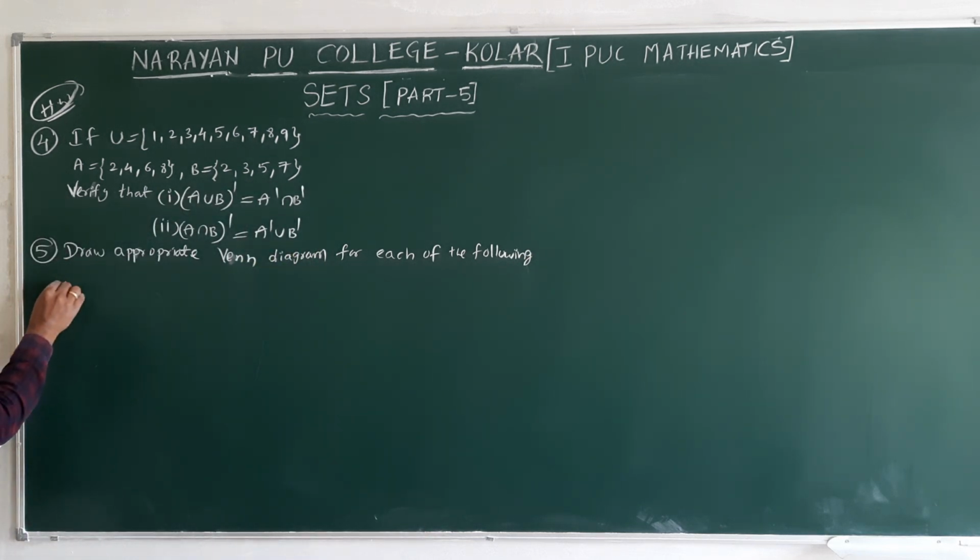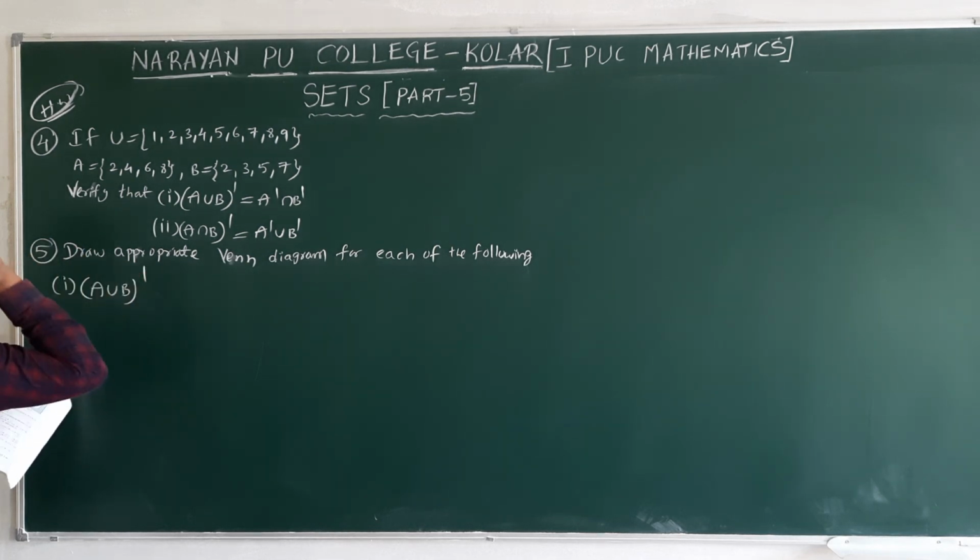Okay, first one: A union B whole dash. For this we need to draw a Venn diagram.